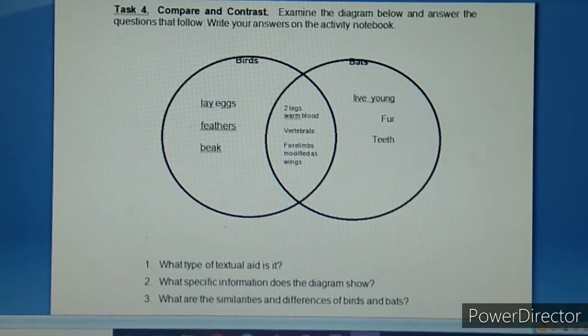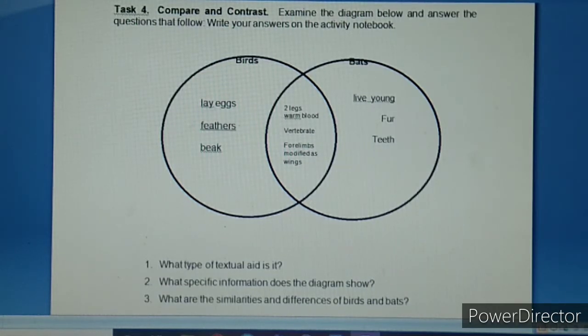Birds lay eggs, have feathers and beak. Bats live young, have fur and teeth. Their similarities are they both have 2 legs, warm-blooded animals, vertebrate, 4 limbs modified as wings.